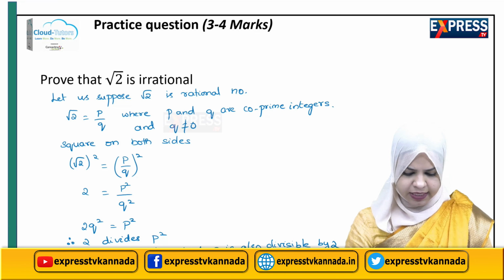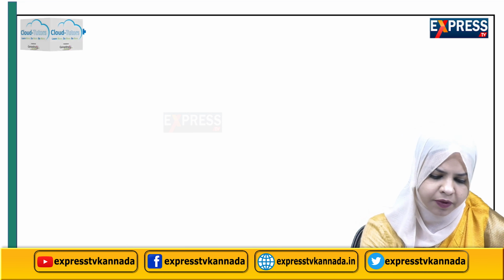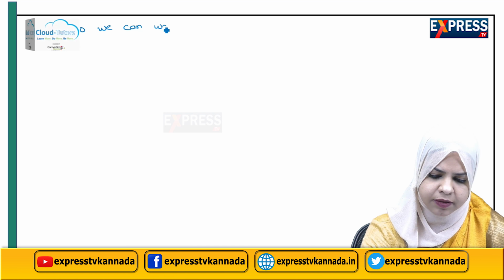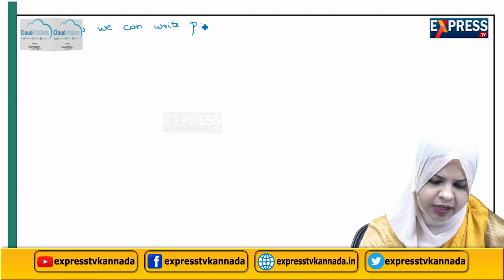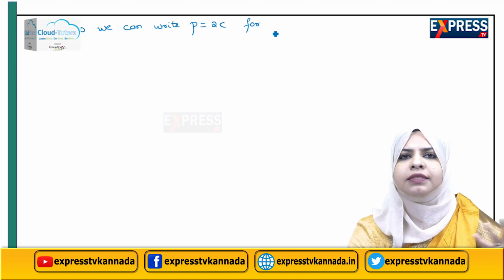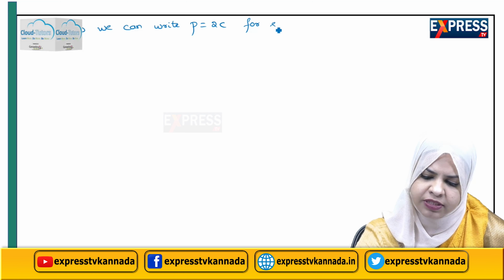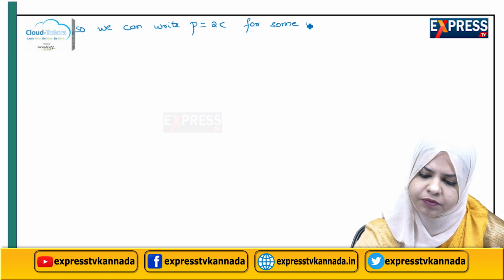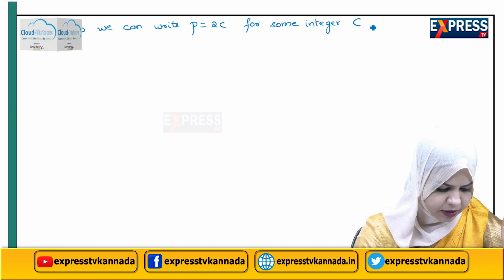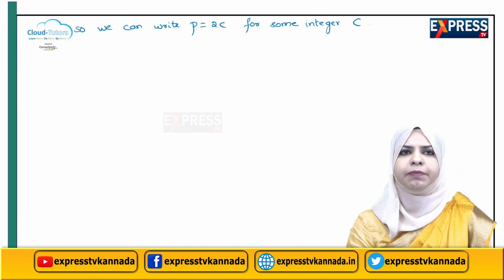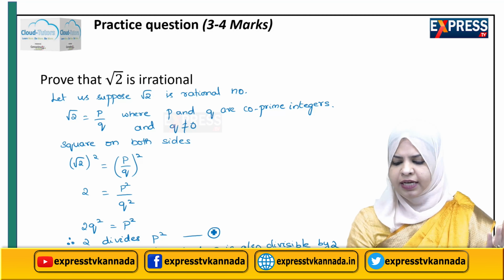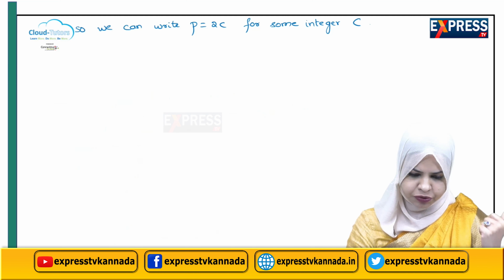Okay, now we can write P is equal to 2C for some integer C. Alright, now again let me substitute the value of this P in this equation, and let me call it 1. So I'll substitute it there.